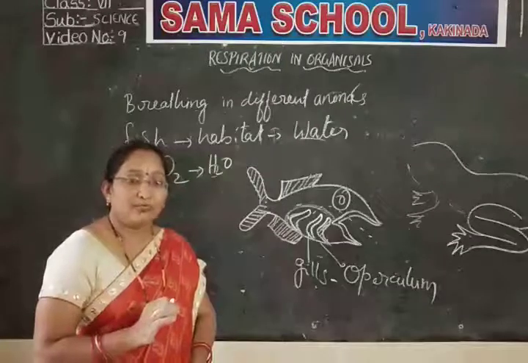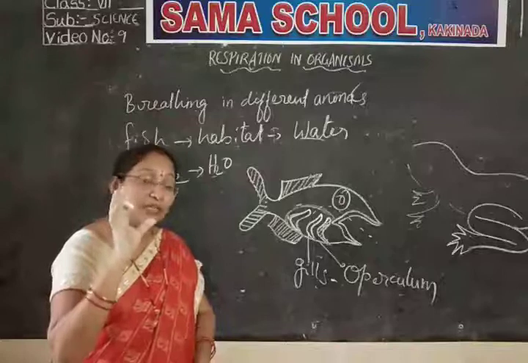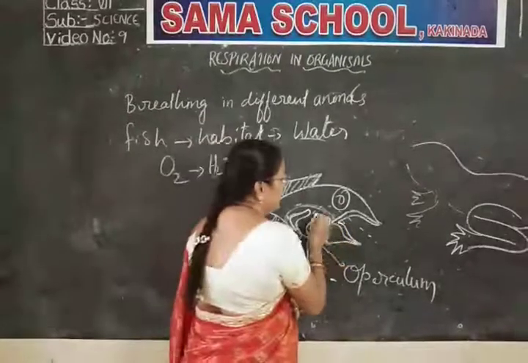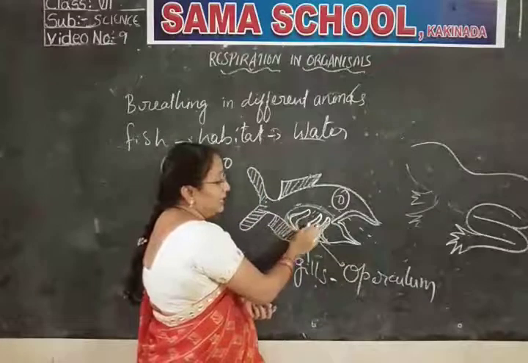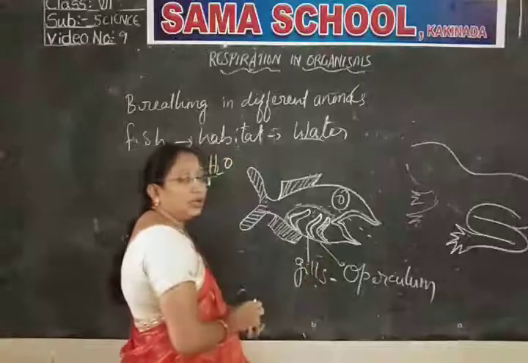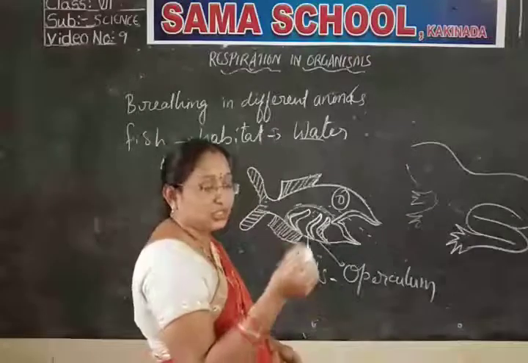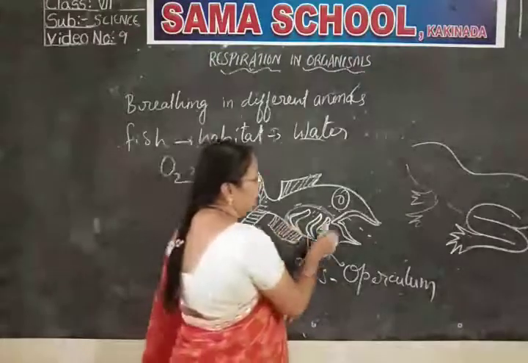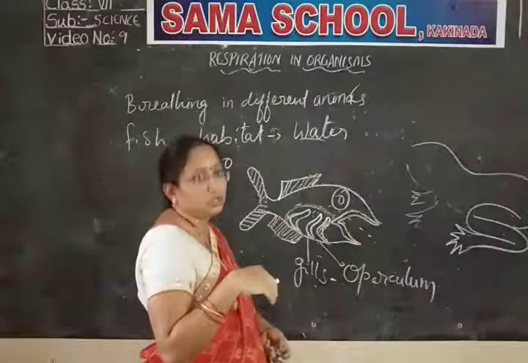It frequently opens and closes its mouth, isn't it? When it opens, the oxygen enters the body and passes through the gills, and the water comes out through the mouth. Okay? So there is an internal branchial aperture and an external branchial aperture. Some apertures will be there in the operculum so that water is flushed out and water is poured in.